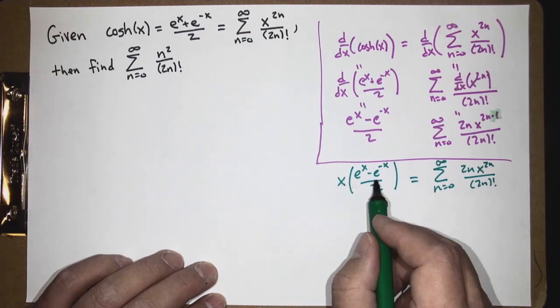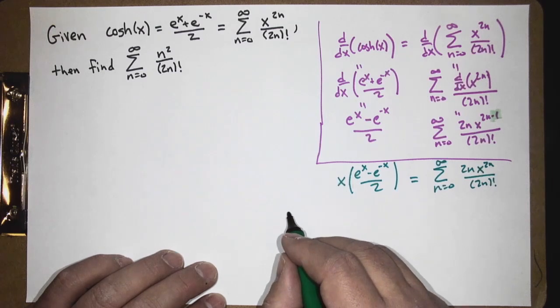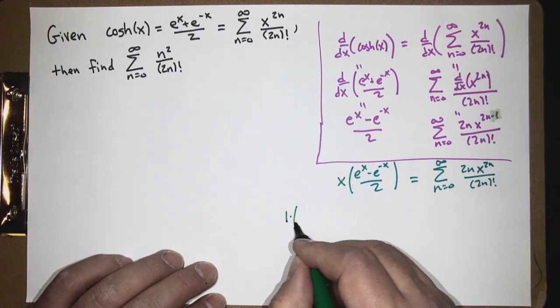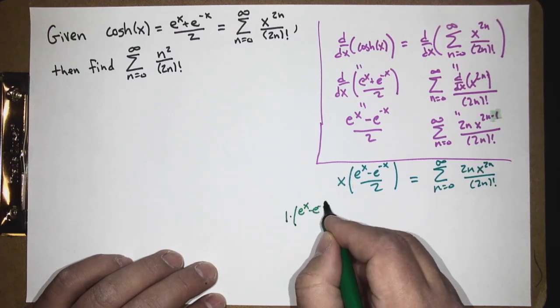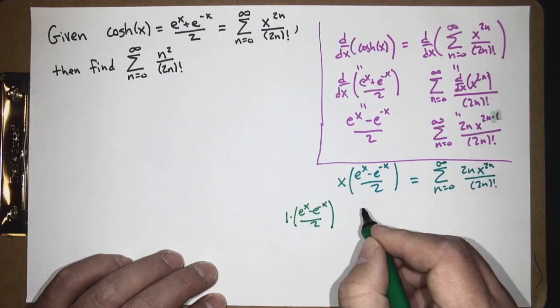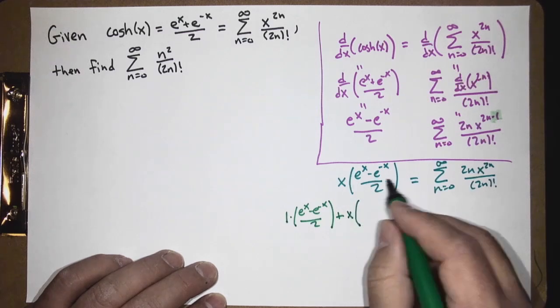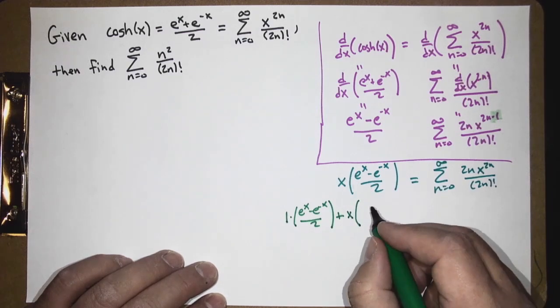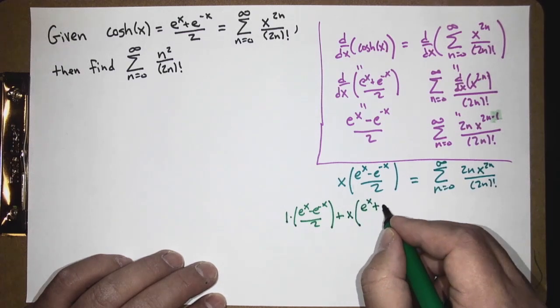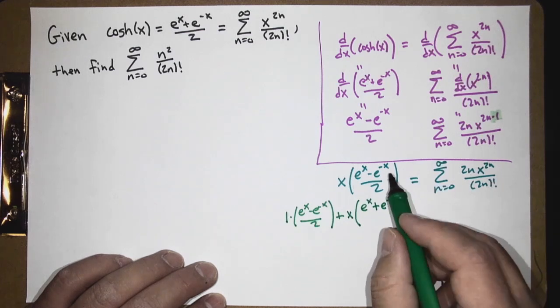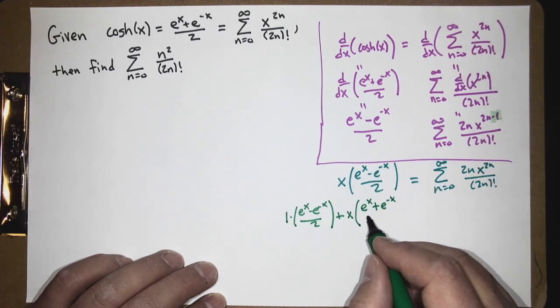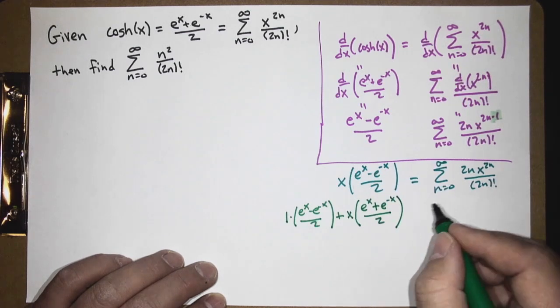Product rule says take the derivative of the first, which is 1 times the second, plus the first, which is x times the derivative of the second, which is plus e to the minus x, because a minus minus makes a plus, over 2.